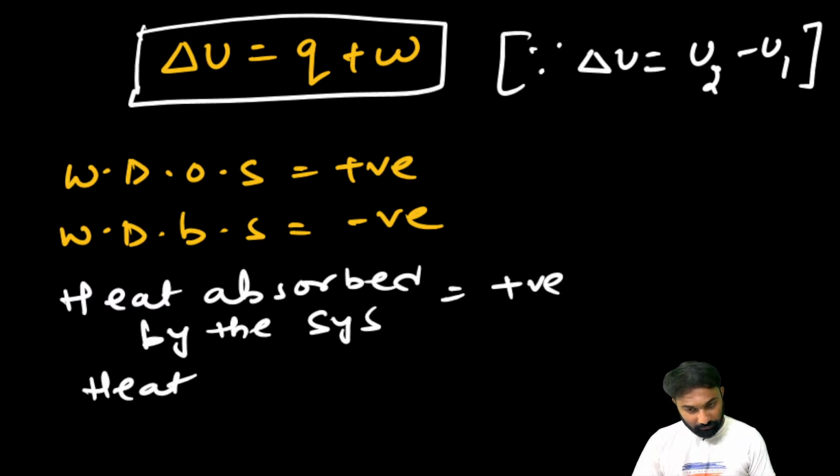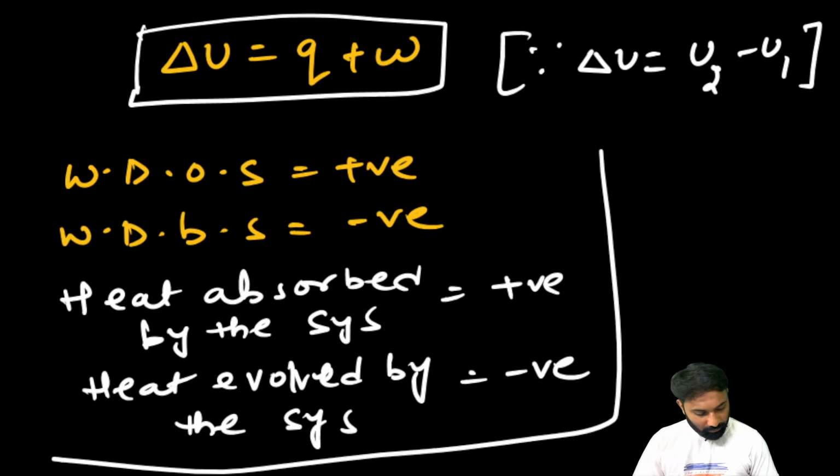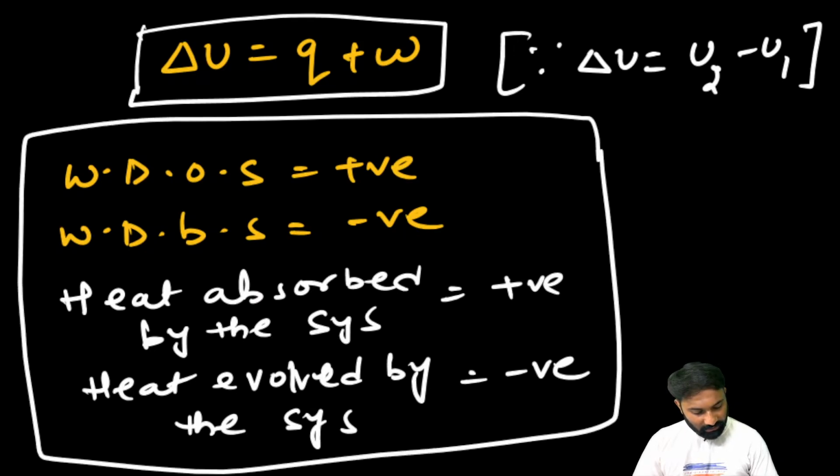Heat evolved or heat released by the system is negative. These are the key points you have to remember. If you remember these sign conventions, you will not make any mistake while solving the questions, right?